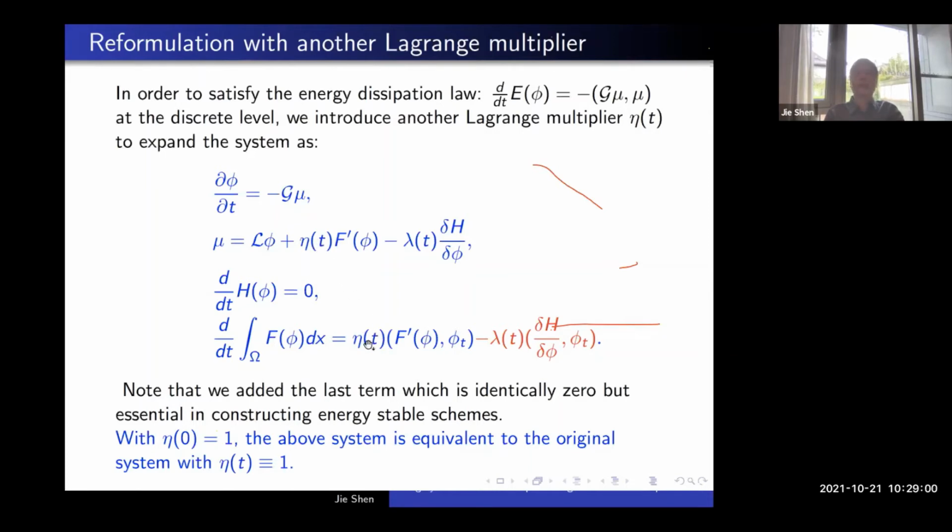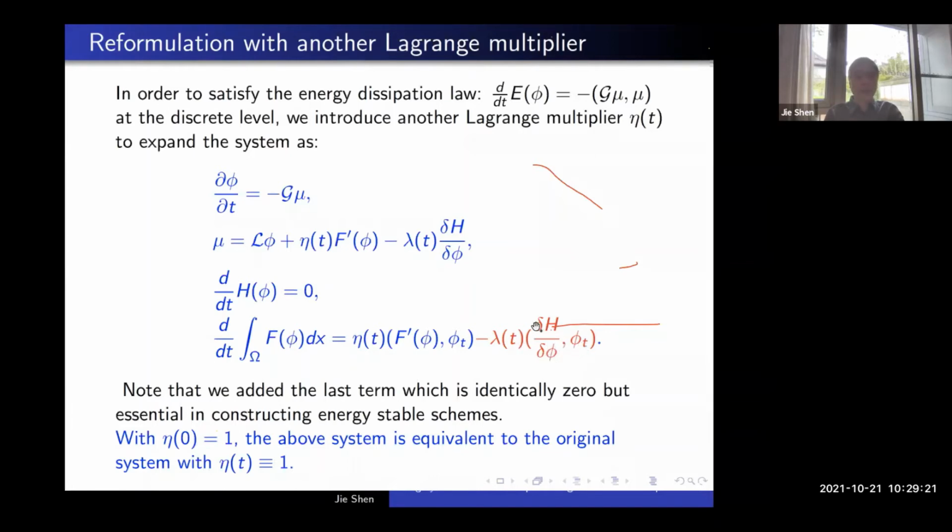So it does not change the equation. And I add a red term here, which is identically equal to 0 because of this conservation, right? So delta h over delta phi in the product with phi_t should equal 0.